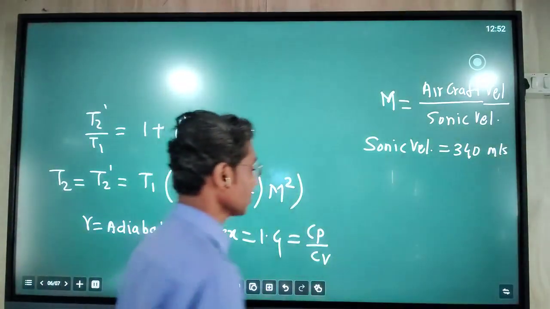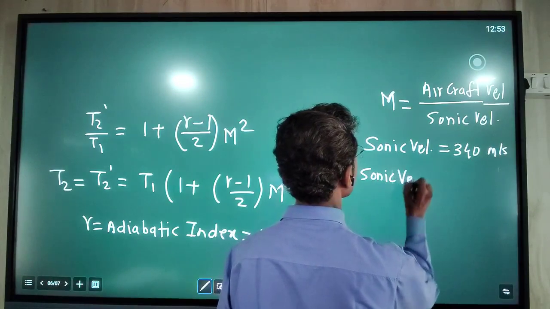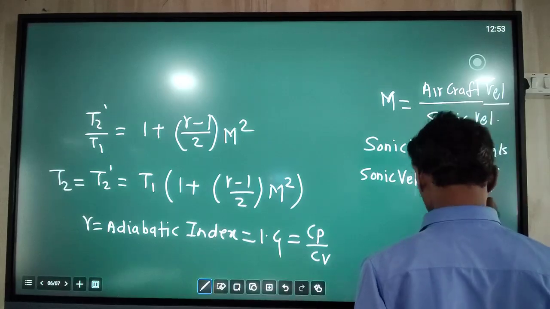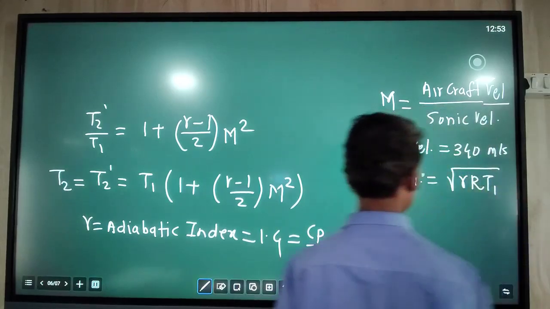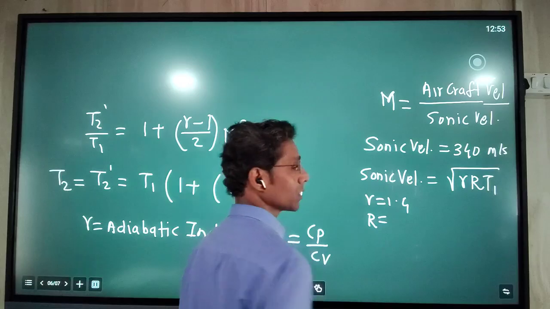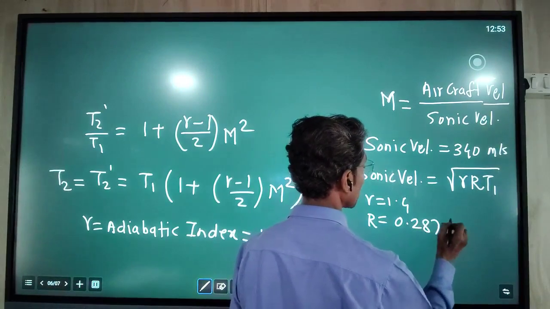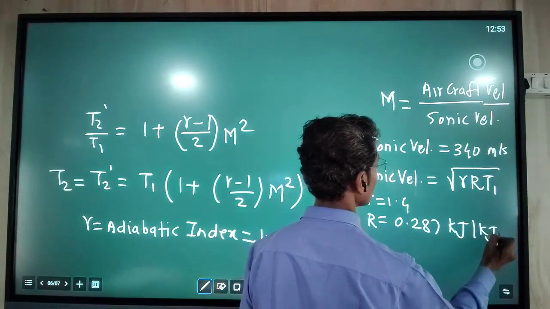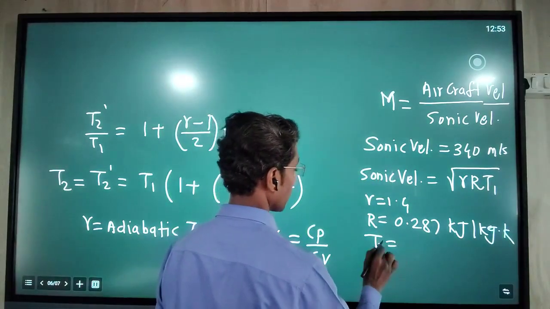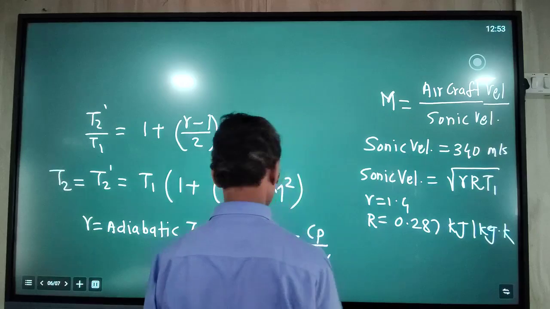If it is not given, then again we can calculate the sonic velocity. There is one formula: under the square root, gamma R T1, where gamma is the adiabatic index 1.4, R is the specific gas constant for air, which we take as 0.287 kilojoule per kg Kelvin, and T1 is the absolute temperature of the entering air.